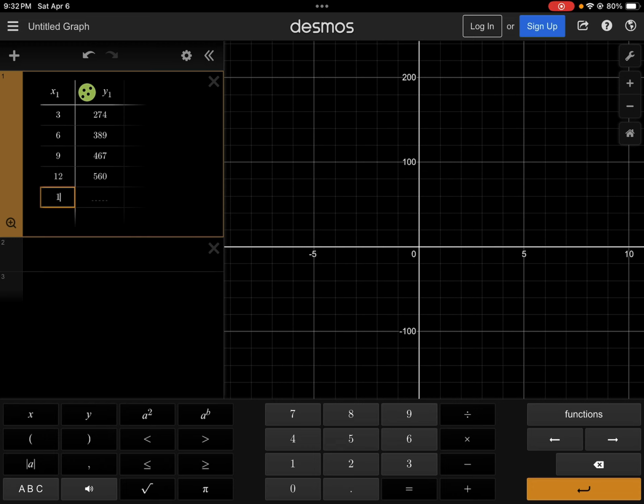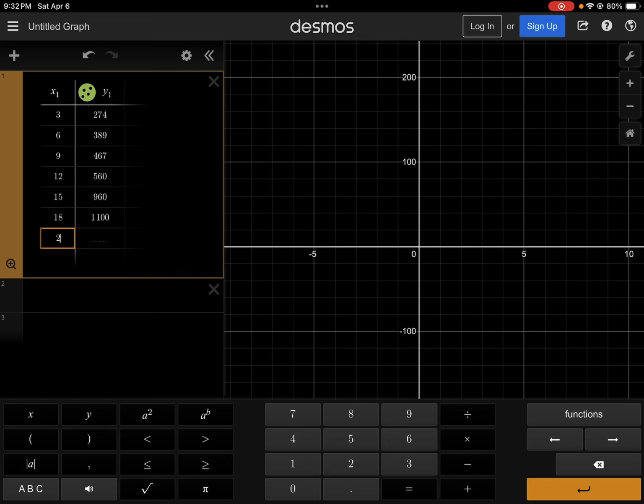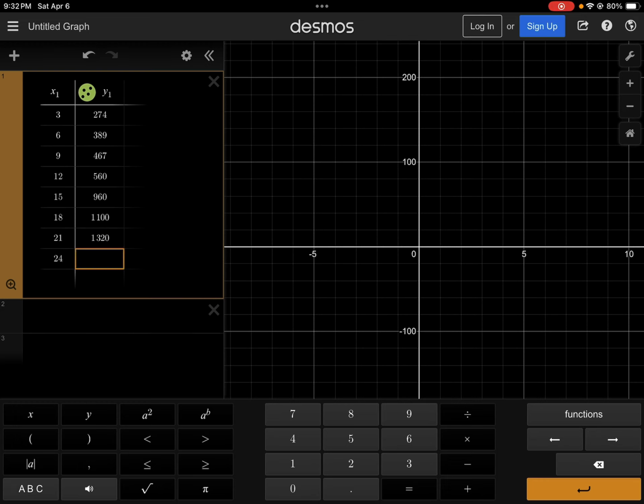Then you have 15 going with 960. 18, 1100, 21, 1320, and 24 going with 1584.